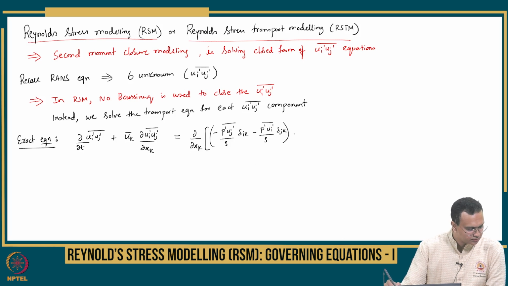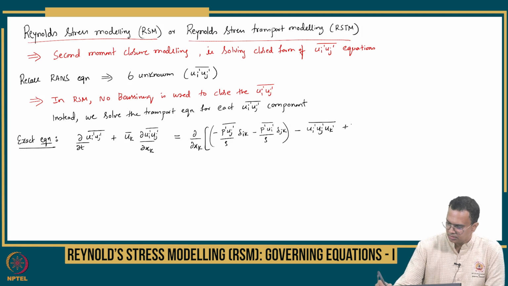and then I have the turbulent diffusion rate, which is minus ui prime uj prime uk prime, the 27 unknowns, and then the viscous diffusion rate, which is nu dou by dou xk of your ui prime uj prime average.